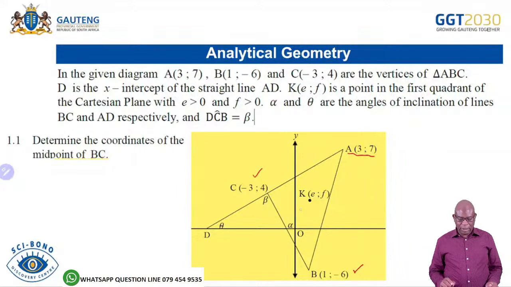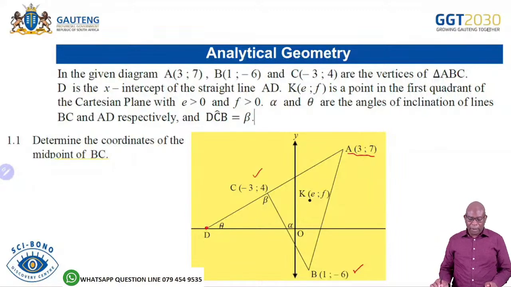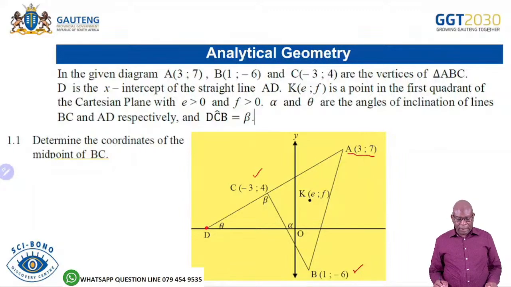D is the x-intercept of the graph, so meaning that we have that point D there. It says on the straight line AD, so AD is a straight line. K is the point (E; F) in the first quadrant. E is greater than 0 and F is greater than 0, meaning that the E value and the F value can never be negative.